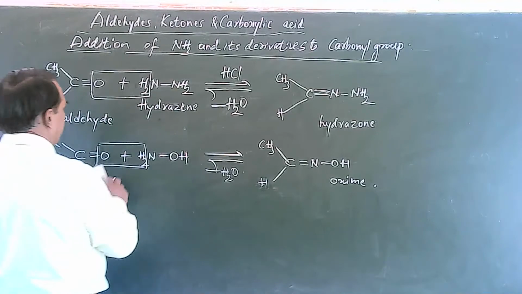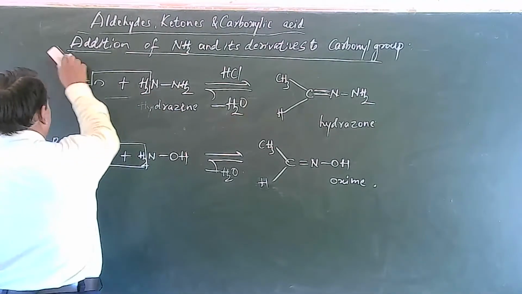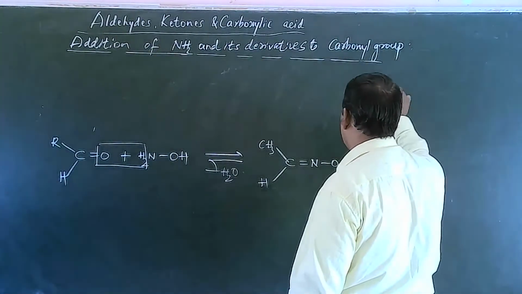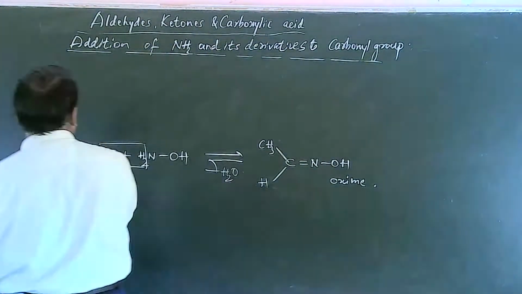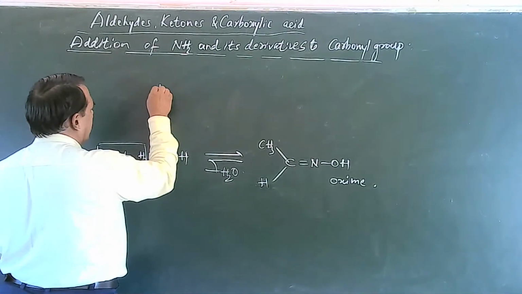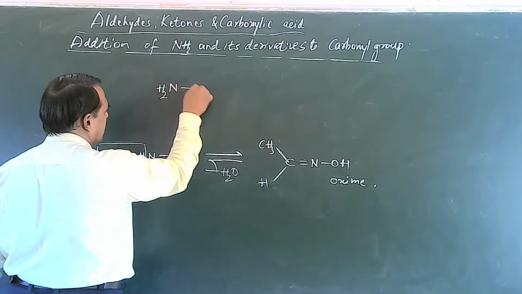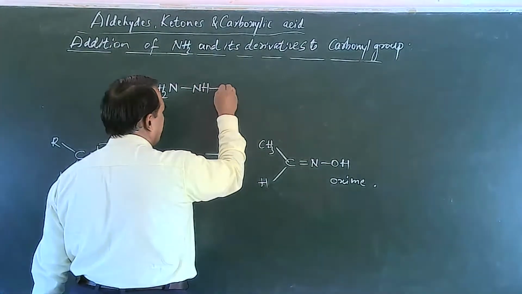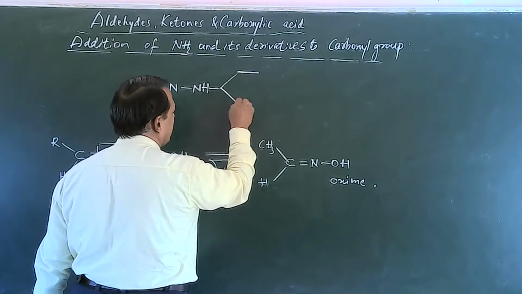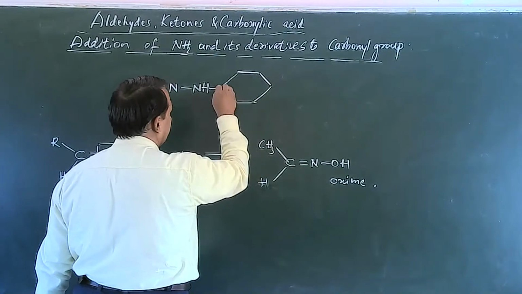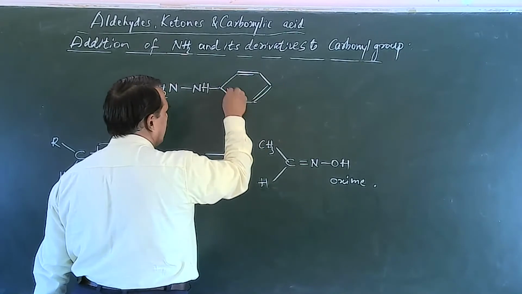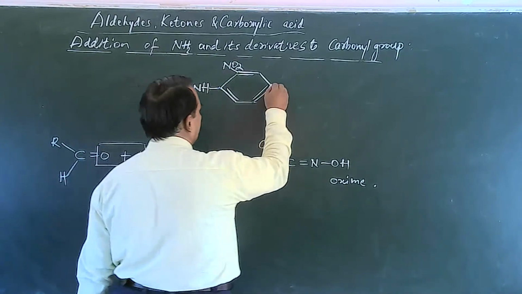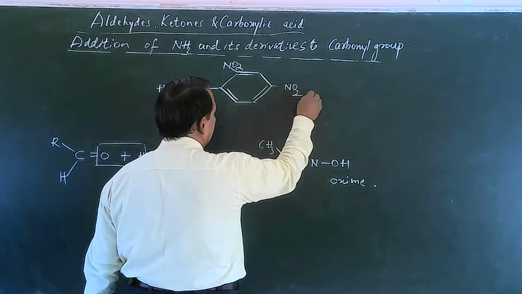2,4-DNP, we shall study the reaction with 2,4-DNP, 2,4-dinitrophenylhydrazine. Hydrazine, you know, H2N NH, attaches to a phenyl, a benzene ring, with two NO2 groups at positions 2 and 4.